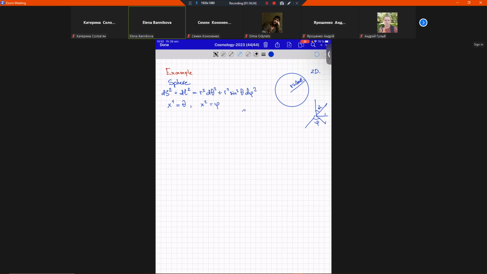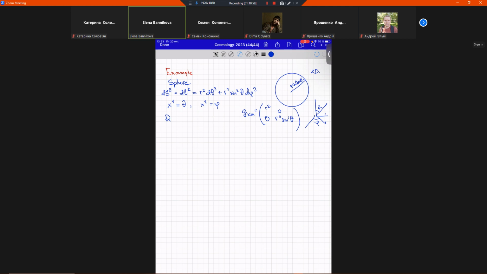It means that we have components of the metric tensor: r square, and r square sin square theta, and the off-diagonal components are 0, 0.